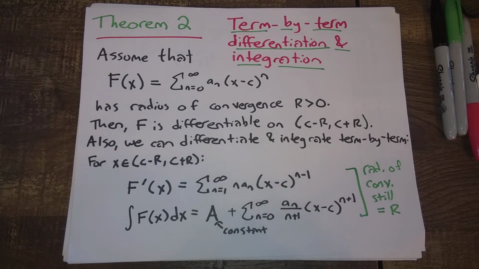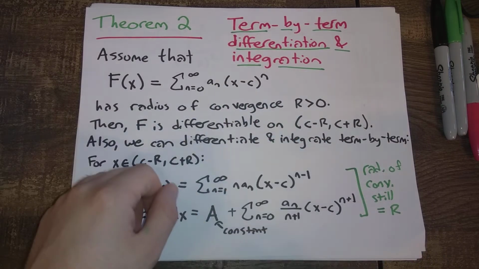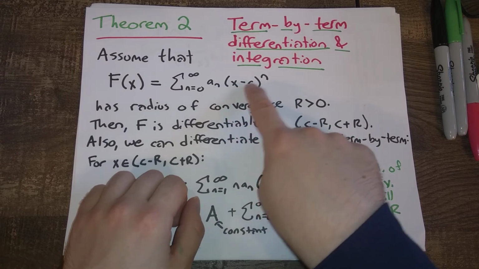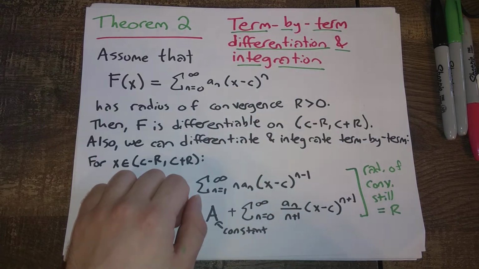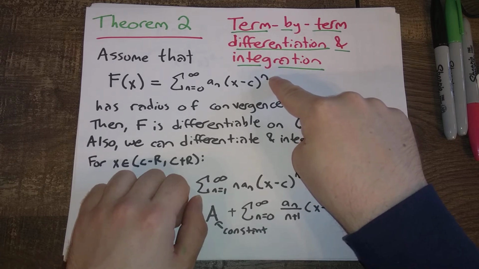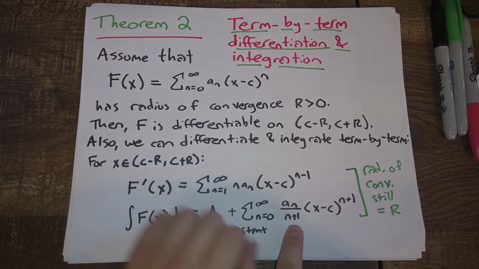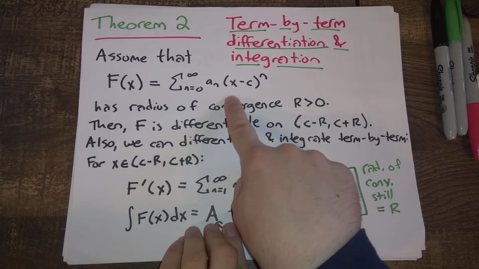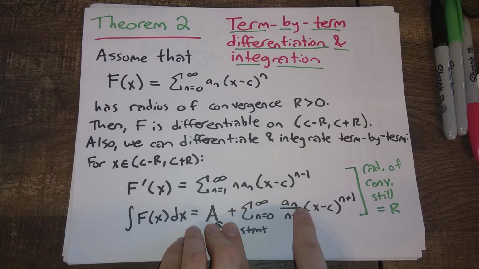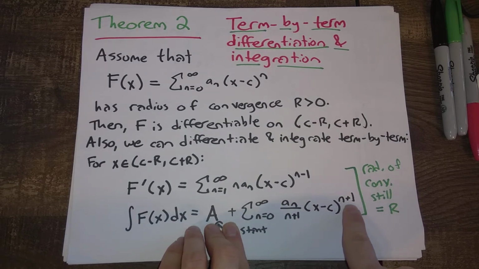Not only can we differentiate, but we can also integrate term by term. When we're integrating, the integral of a sub n times x minus c to the n would be, we increase the exponent by 1, so n becomes n plus 1, but then we have to divide by n plus 1. So the integral is a sub n divided by n plus 1 times x minus c to the n plus 1 power.